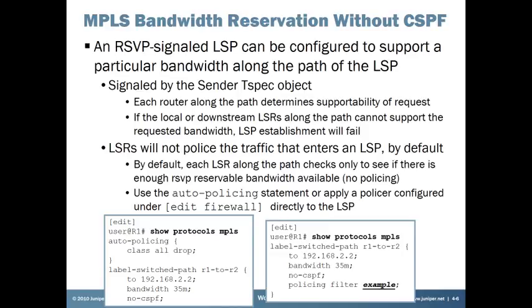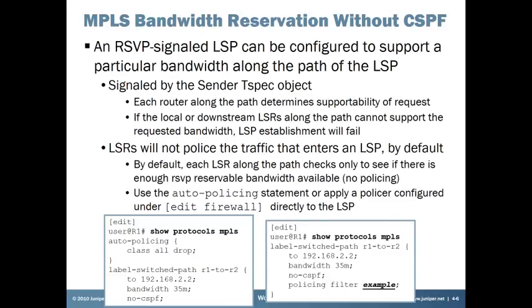So it's signaled by the sender. Each router along the path determines the supportability of requests. What does that mean? That means that RSVP says, I need this much bandwidth. And then what has to be figured out is, does the router have that much bandwidth available?